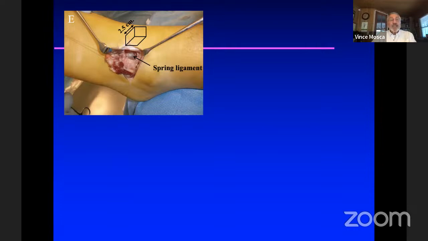That's what you want to see to know that you've gotten the entire connection out, as wide of a section deep as superficial. You don't want to plunge through the spring ligament, so you have to be a little careful with how hard you're hitting your osteotomes, but you need to see the spring ligament.